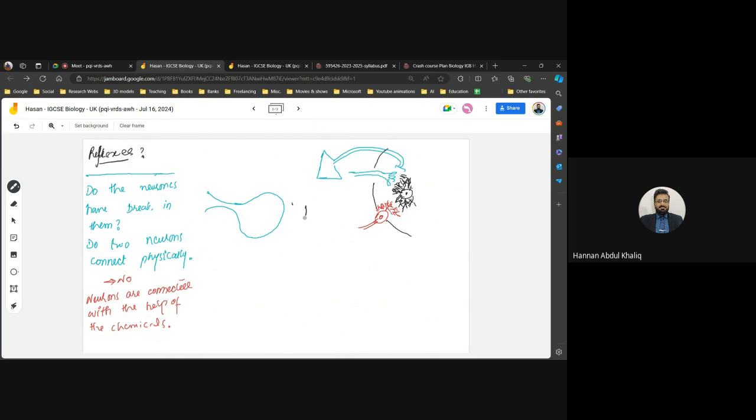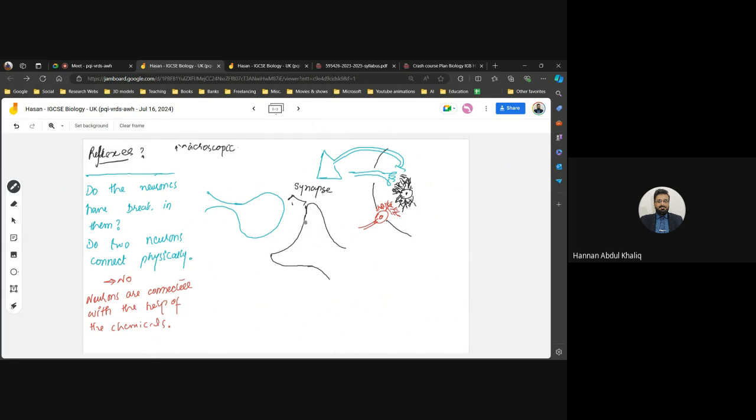I'll draw only one dendrite. Now you see a very clear gap. This gap is called the synapse. This is a microscopic gap, and it is called a synapse.